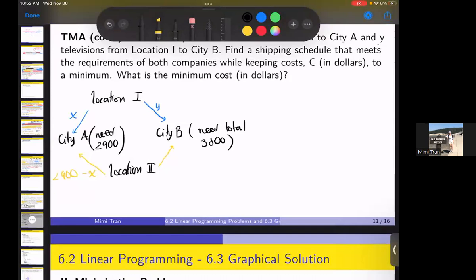There are X of them from location 1, so it must be 2,900 minus X from location 2 to CDA. Then can someone tell me what I should write here? Just going to try everything.